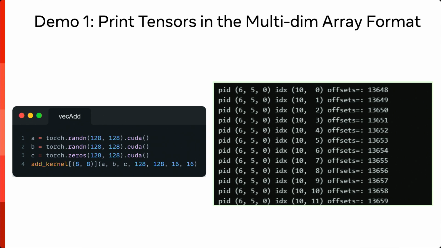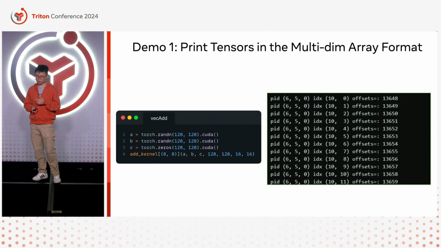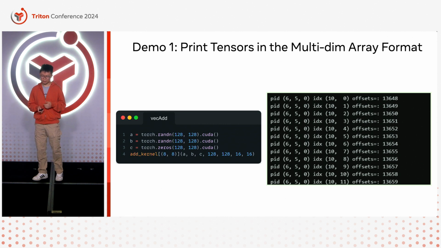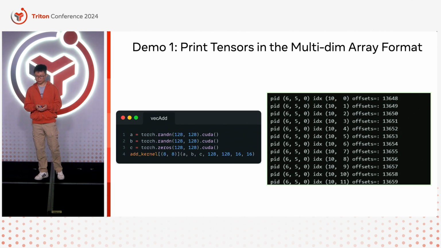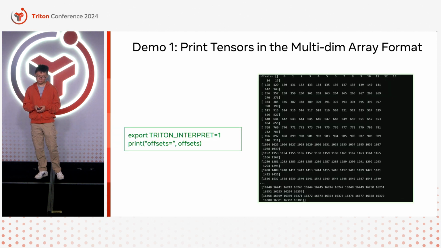On the right side terminal, each line specifies the program ID, in this case 65, which is pid_x equals 6 and pid_y equals 5. And idx specifies which location of the original tensor the value comes from, followed by the offsets value. This is probably not very convenient, at least for me, for debugging out-of-bound memory access problems.